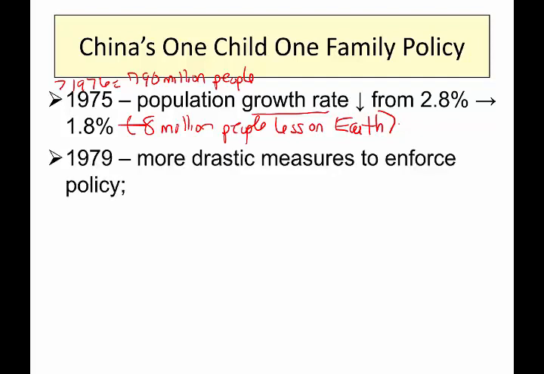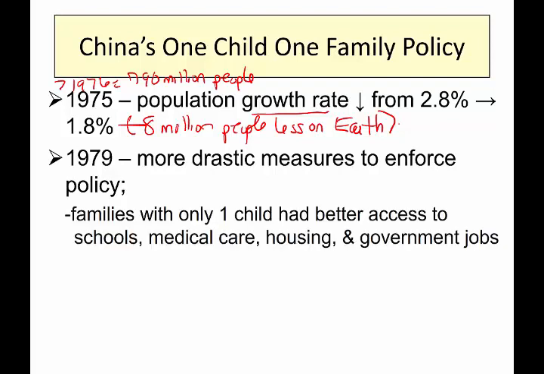So by 1979, the Chinese government decided to take more drastic measures to enforce this policy. And they said that families with only one child would have better access to schools, medical care, housing, and government jobs. And that's exactly what happened. So if people had more than one child, it was hard to get good housing.